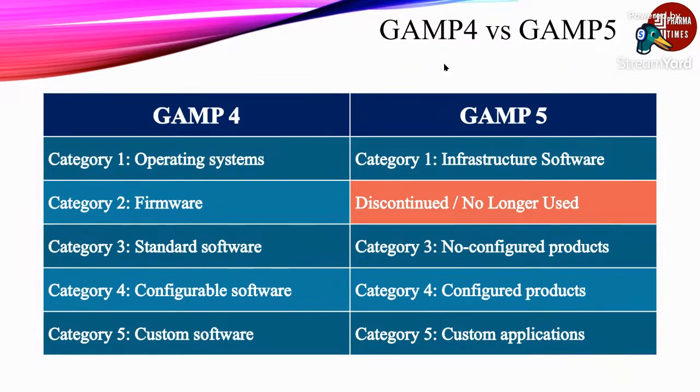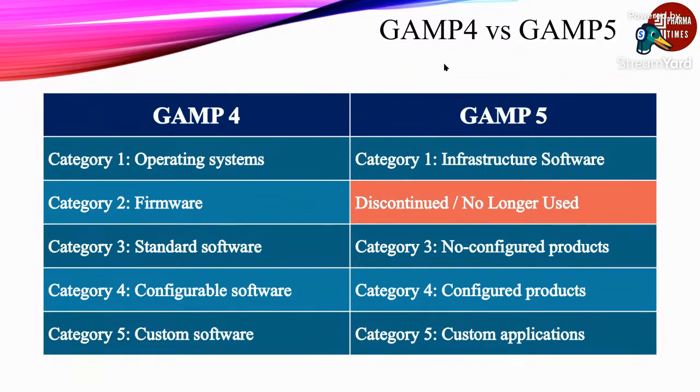So in GAMP 4 there were 5 categories of software defined, but in GAMP 5, which was published in 2008 and revised in July 2022, the second category, the firmware, is discontinued and no longer used in the current scenario, because it is a type of software produced only for that firm.